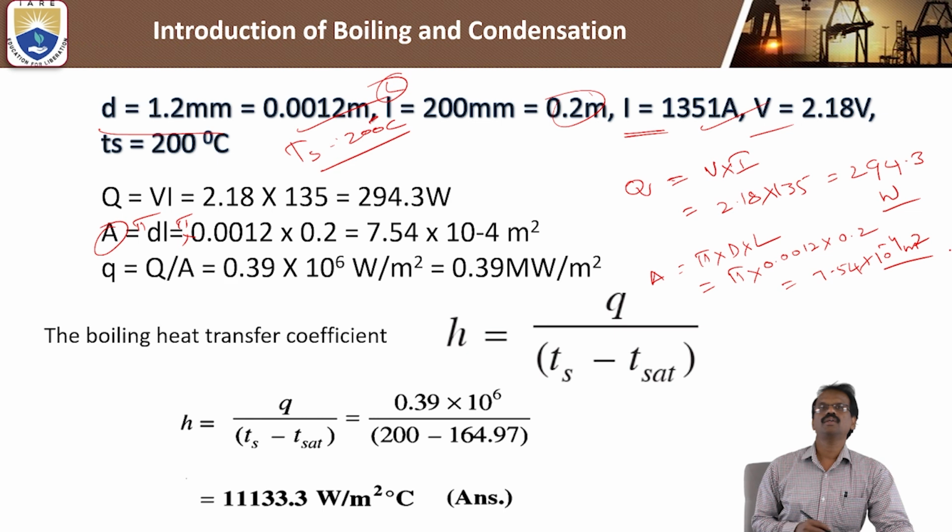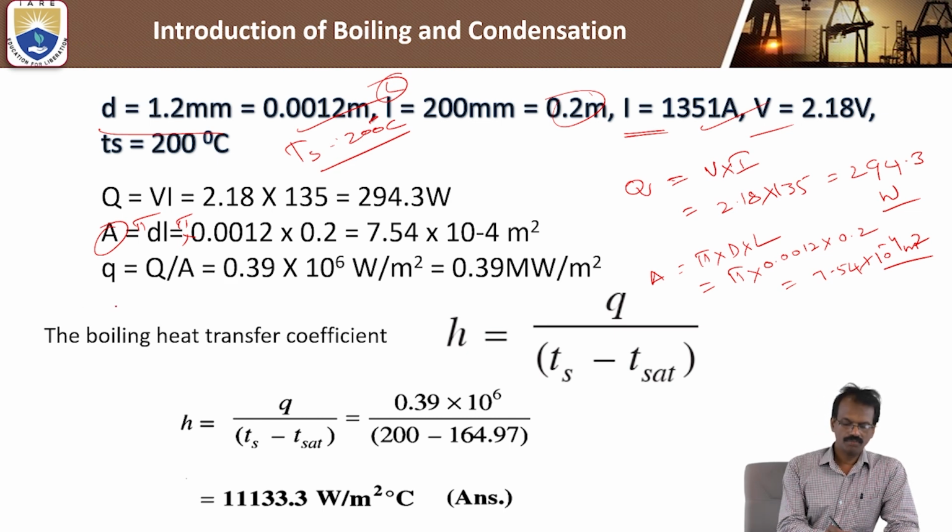So this is the area. Then you can find the heat flux. Heat flux is equal to Q by A, so 0.39 into 10 to the power of 6 divided by the area. The area is equal to 7.54 into 10 to the power of minus 4.